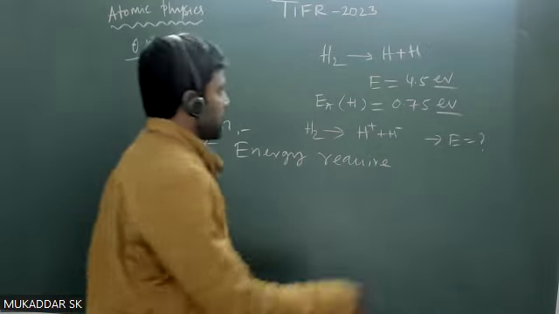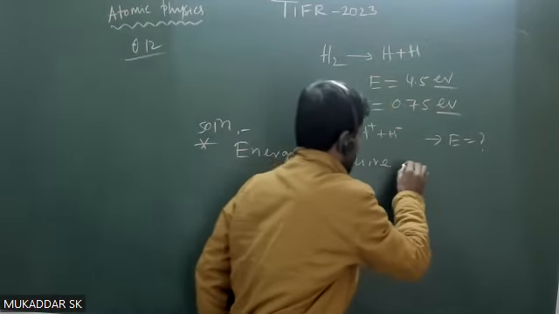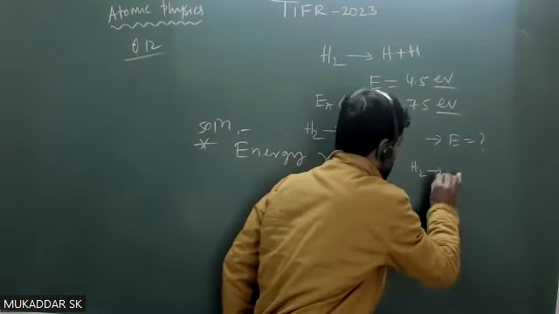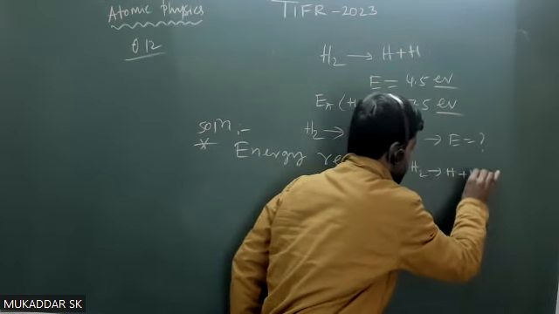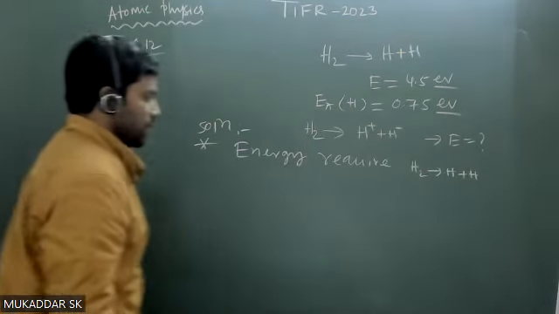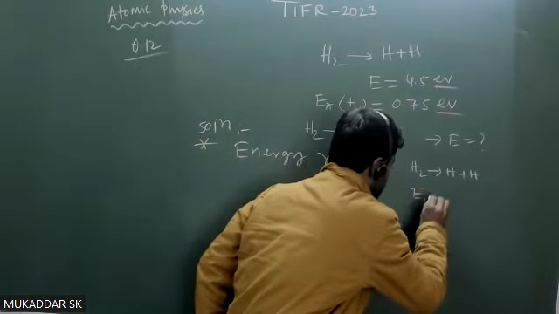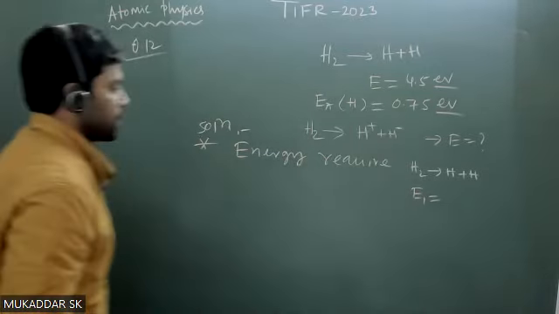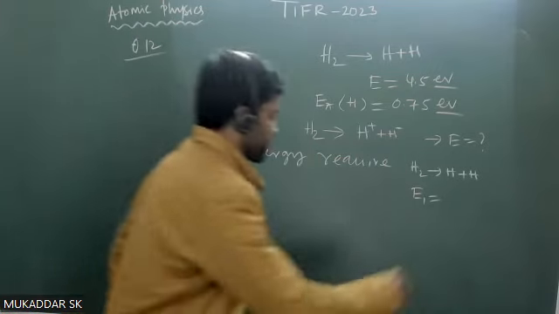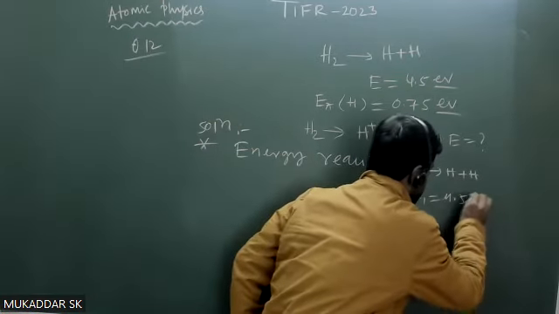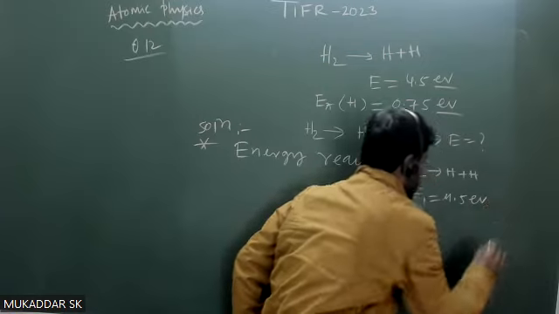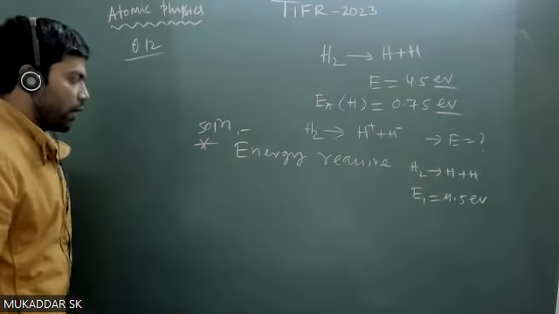First we have to break that H2 into two atoms. Let us assume that energy requirement is E1, and that value is given as 4.5 electron volt.